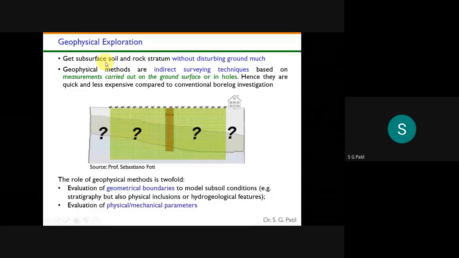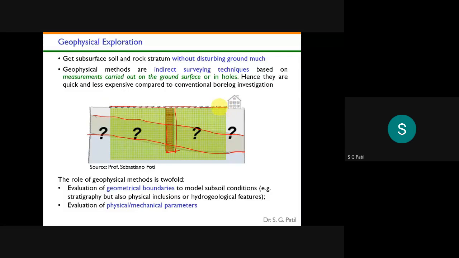Okay, now coming to geophysical exploration. Geophysical exploration is nothing but, without drilling any borehole inside the ground, I can find out the different layers of the soil. Of course, there are some geophysical tests that can be performed inside the borehole, and some other geophysical tests that can be performed only at the ground surface.